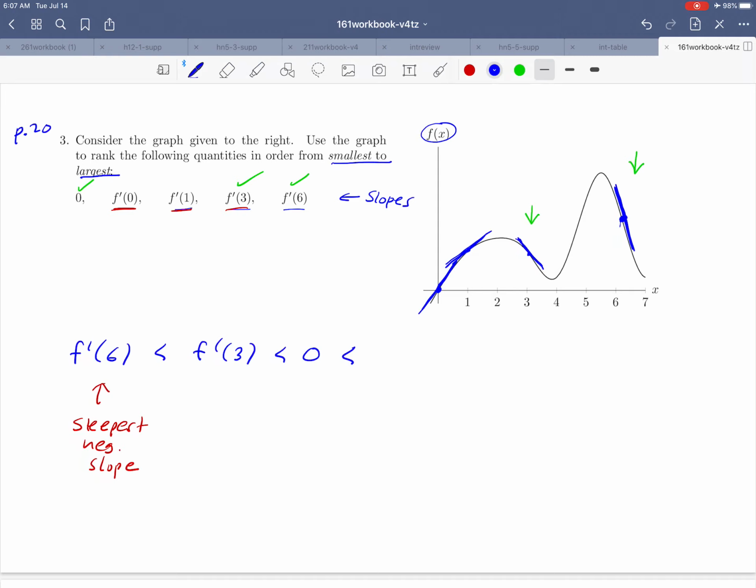What's remaining to compare then are the lines at 0 and at 1. Which of those two lines, if you had to pick, looks like it has the biggest slope? To me, it looks like we're a little bit steeper at 0 than we are at 1, which means that number should be way over at the right. That's the steepest positive slope out of all of our numbers.